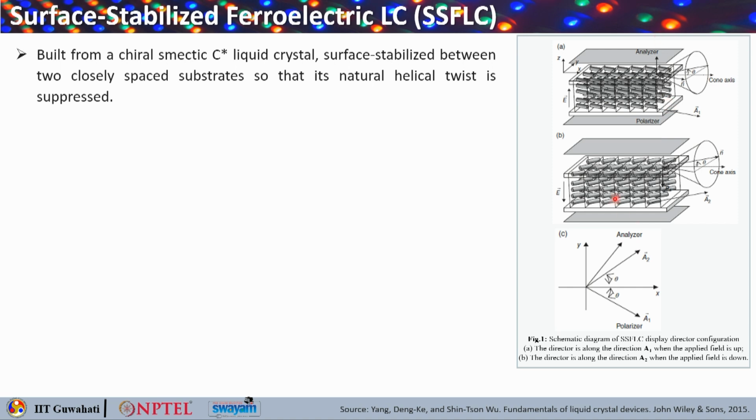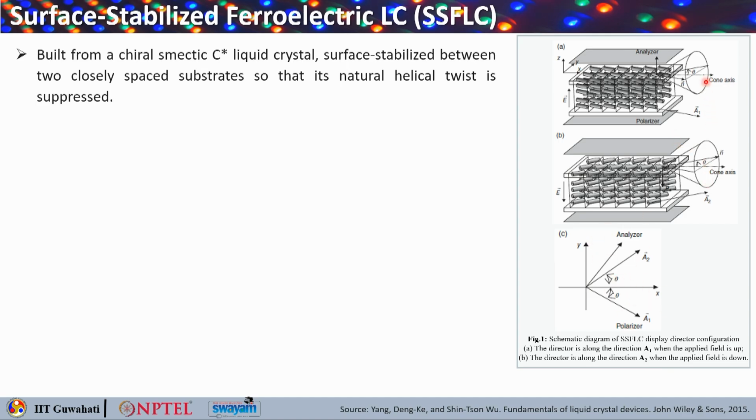In the second case, the field is applied down and the director is now along A2. This is the polarizer, this is the analyzer, and this is your liquid crystal cell. You can see the cone axis also here. These are the two cases, and this is where the positions are shown.